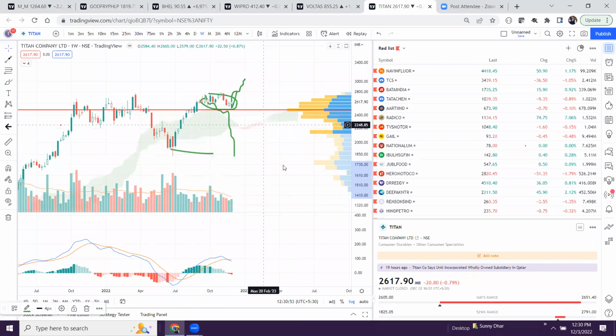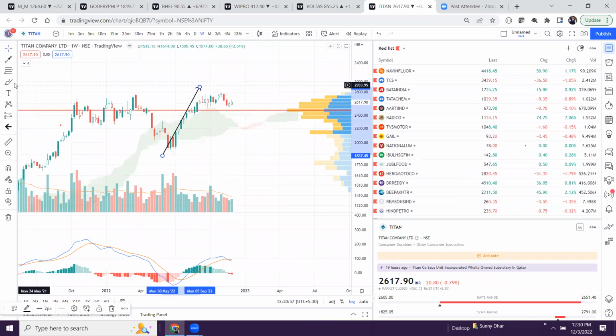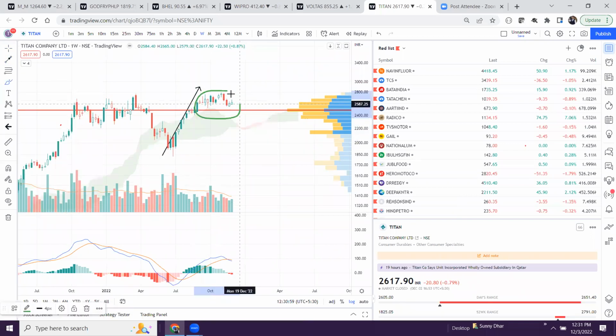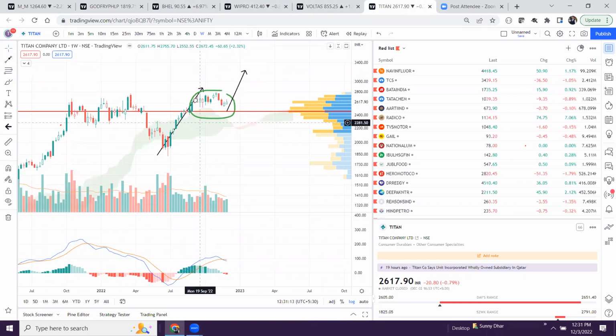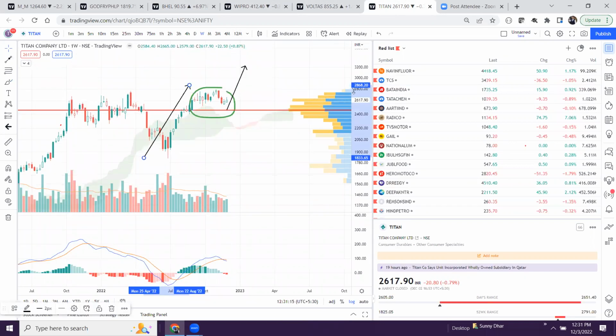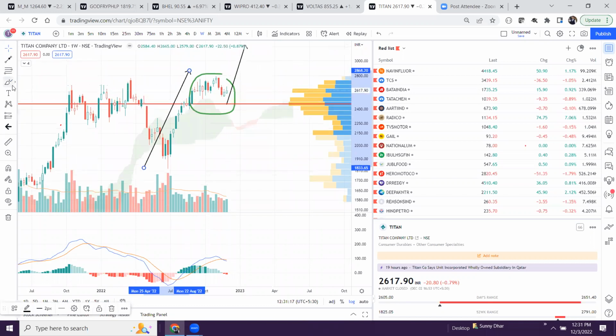Now see this part. This exactly looks like a correction, right? So you always expect an up move in this if you get the chance. Now see this part and compare this with Titan. This looks exactly similar, right? As of now it looks similar, unless it keeps on doing like this, then it is different.